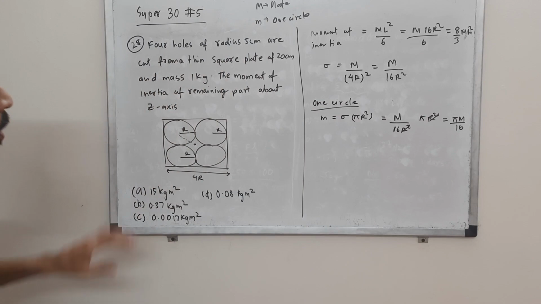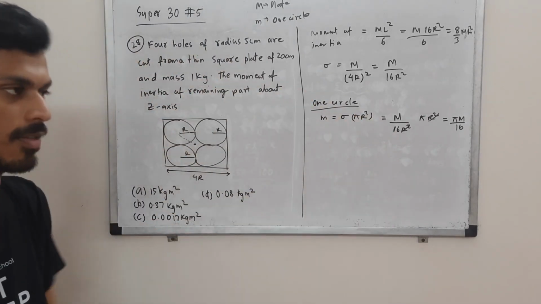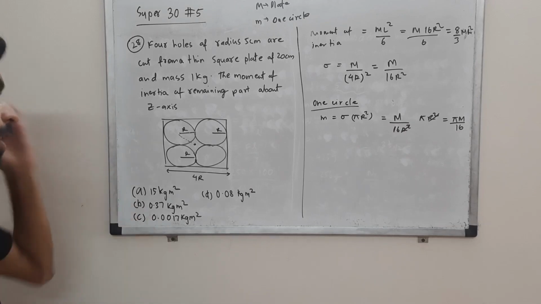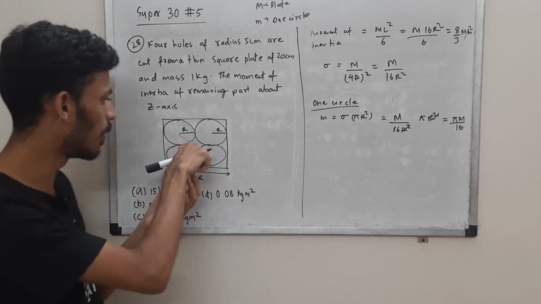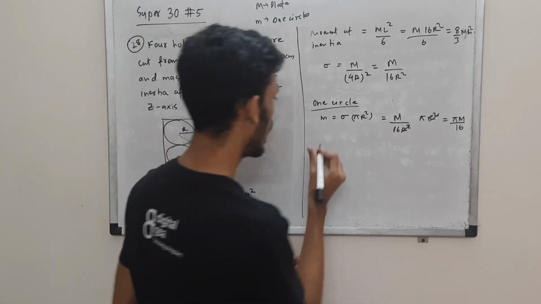So what is the moment of inertia? Now we have the mass of the circle. We have to find the moment of inertia, which will be mr square, but we want to find it about this axis, not about the center. So we have to use the parallel axis theorem.